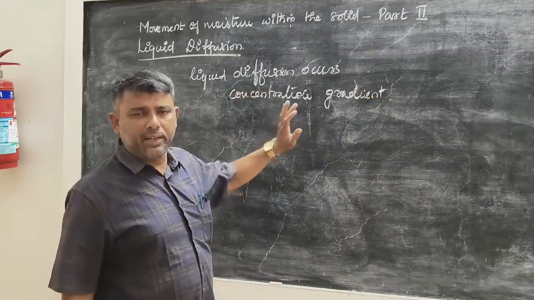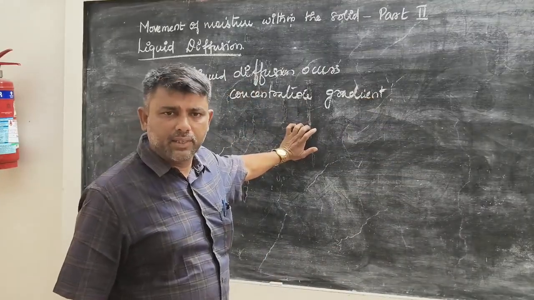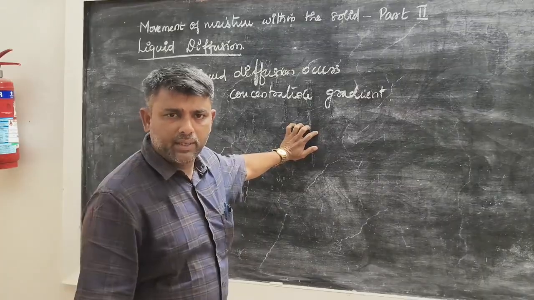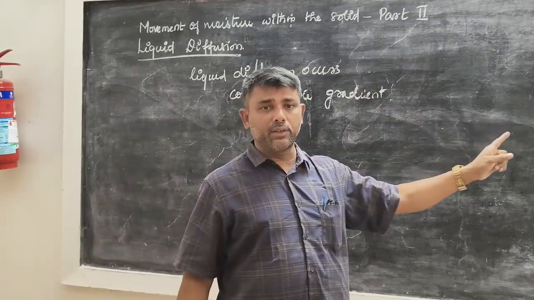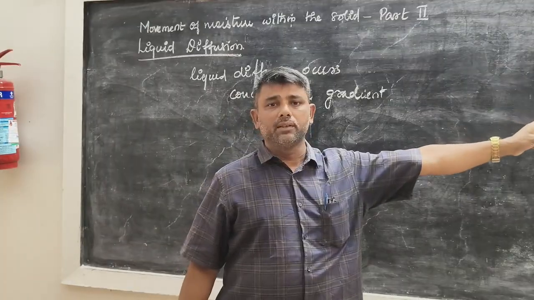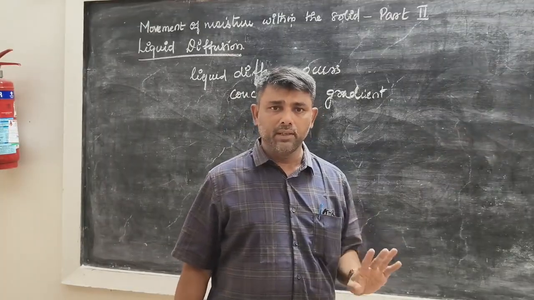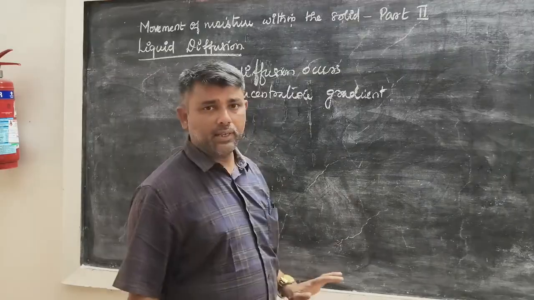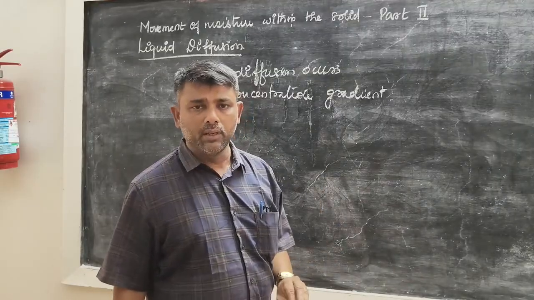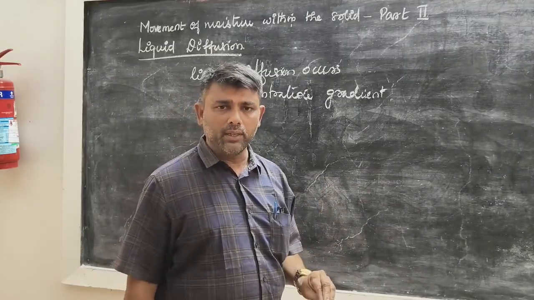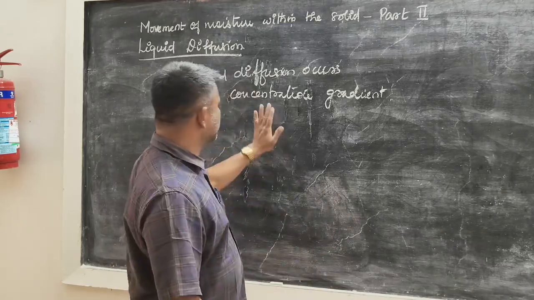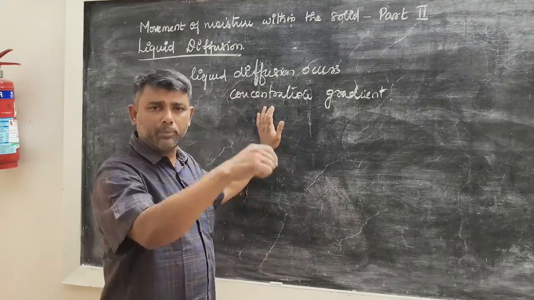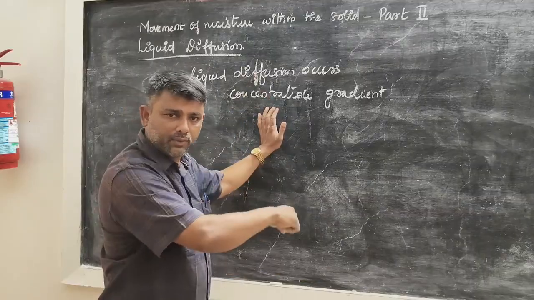This concentration gradient is set up during drying from the surface of the wet solid to the depth of the wet solid. Are you clear? Diffusion of moisture or liquid diffusion occurs due to the existence of concentration gradient between the depth of the solid and the surface of the solid.